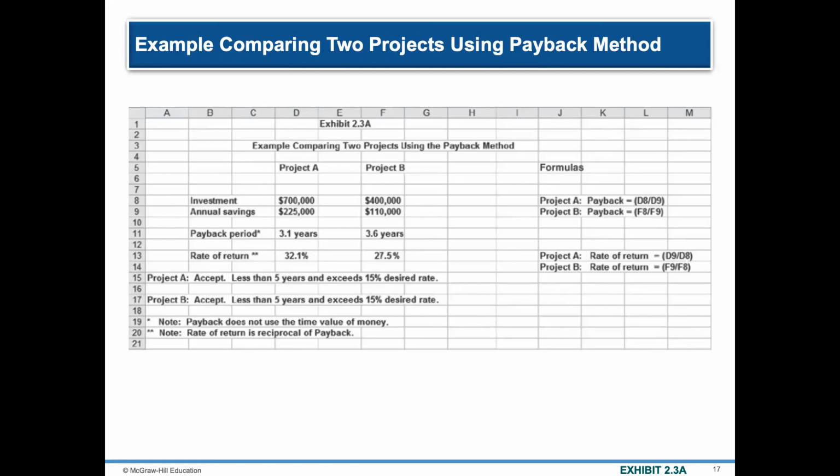And the rate of return differs for the two projects, and Project A yields a higher rate of return. All right? So that is how you analyze the financial viability of a project using the payback model.